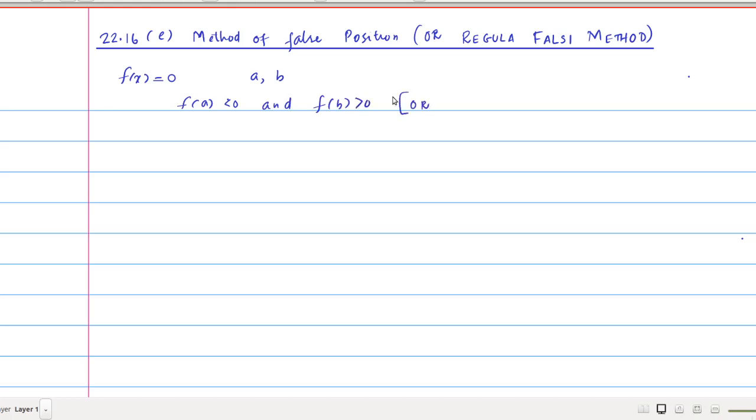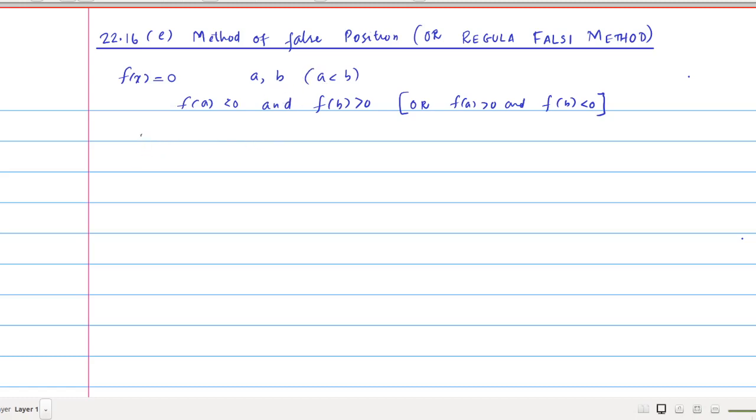Or you can find a and b such that f of a is greater than 0 and f of b is less than 0. Opposite signs again. That's the only thing we need. Here the smaller number is denoted as a and the larger as b, that is a is less than b, with one of these properties. So we first need to find consecutive integers a and b with opposite signs.